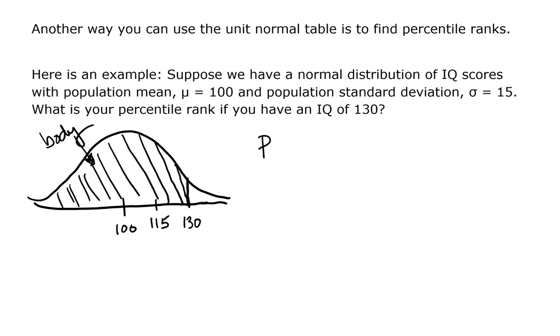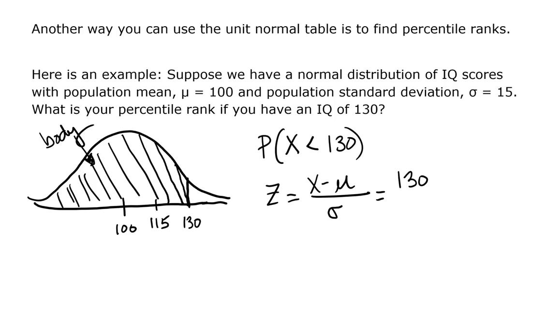So we're looking for the probability of x less than 130, right? So we need to standardize this. So z is equal to x minus mu divided by sigma, right? So x is 130 minus 100 over 15, which gives us 30 divided by 15, which is equal to 2 standard deviations, right?